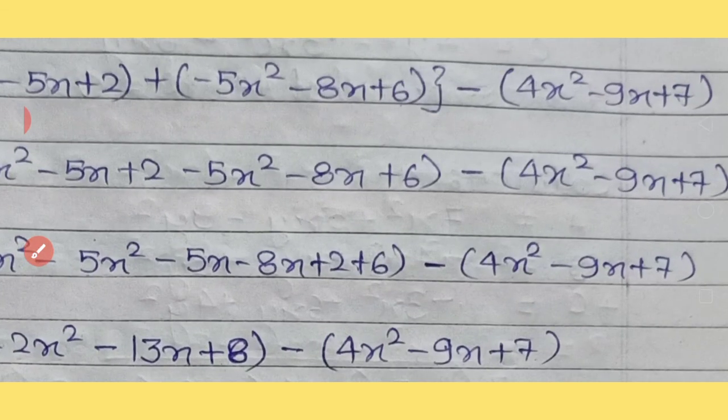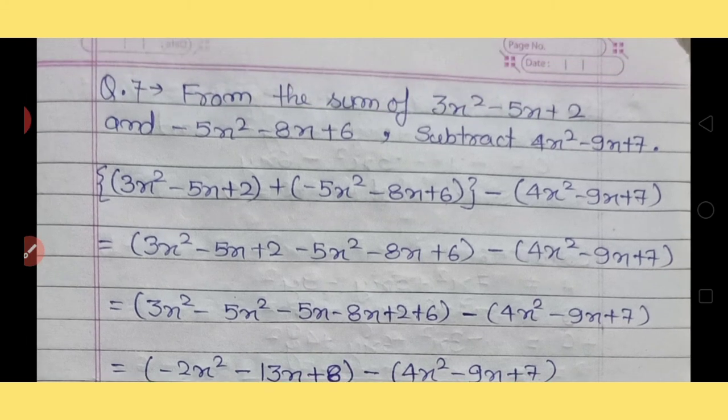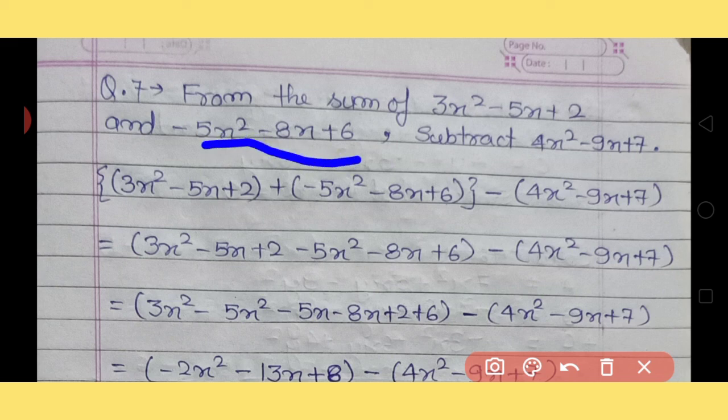Next question. This is a typical question, so watch this video properly. From the sum of 3x square minus 5x plus 2 and minus 5x square minus 8x plus 6, subtract 4x square minus 9x plus 7.